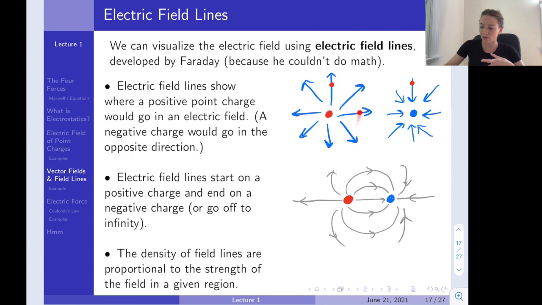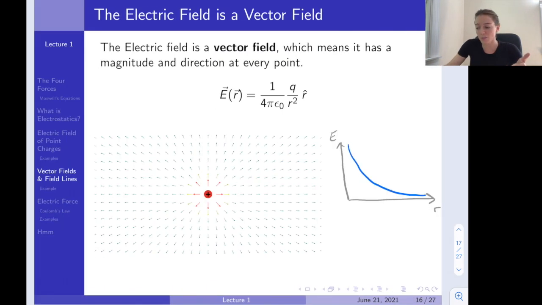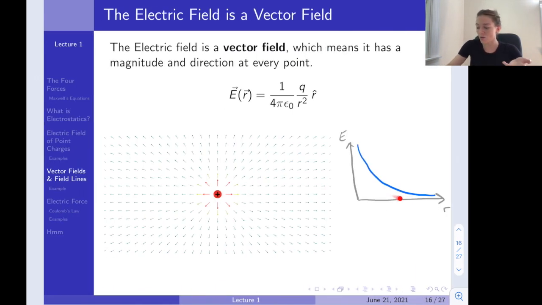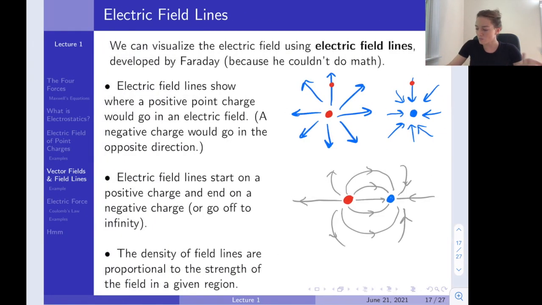If I go out further, this encompasses a bigger area, but I still have the same number of field lines in it. So the density has decreased, which means the field strength has decreased, which is what we'd expect, because as you go further away from the charge, the electric field decreases in strength. That's all the field lines are telling you. When they're far apart, the field strength is low, and when they're close together, the field strength is higher.